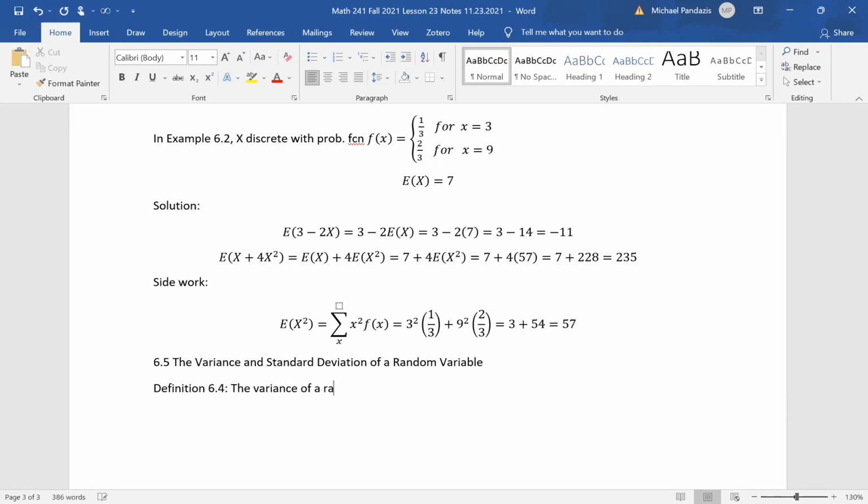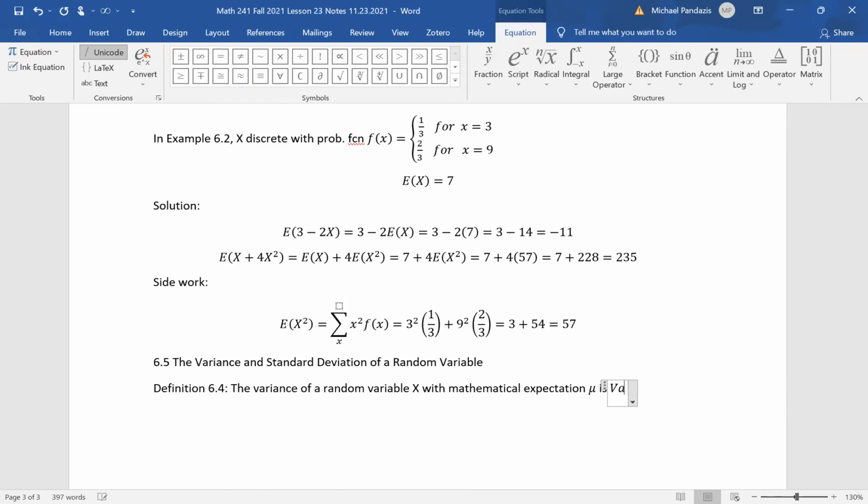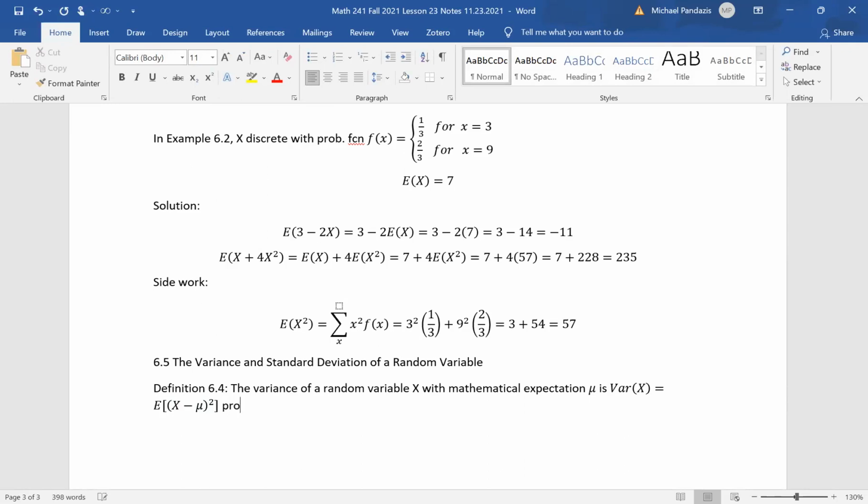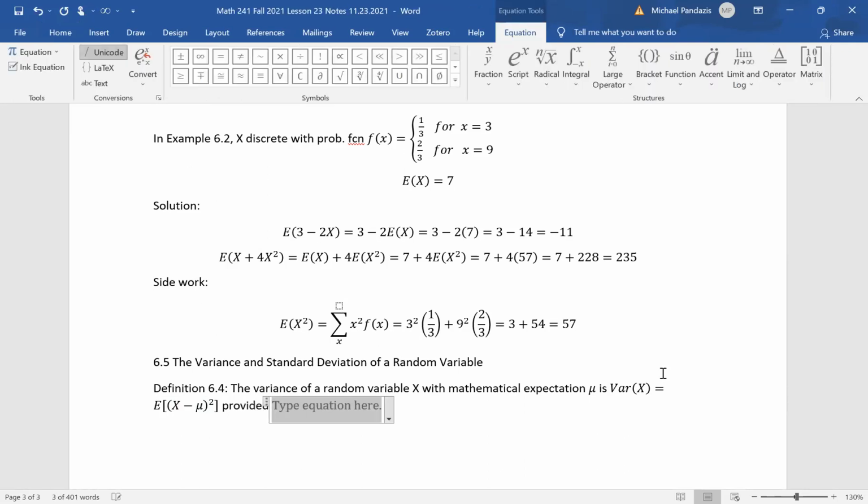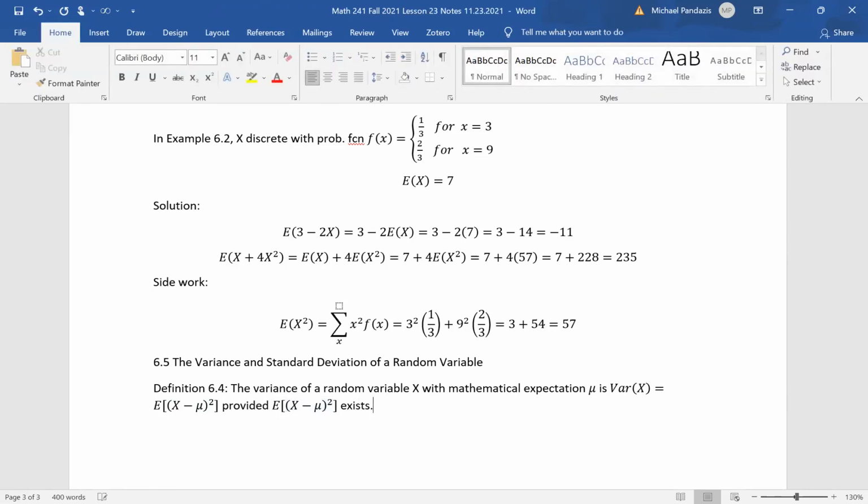The variance of a random variable X with mathematical expectation mu, variance of X, that's notation for it, is equal to the expected value of X minus mu squared, provided that the expected value of X minus mu squared exists.